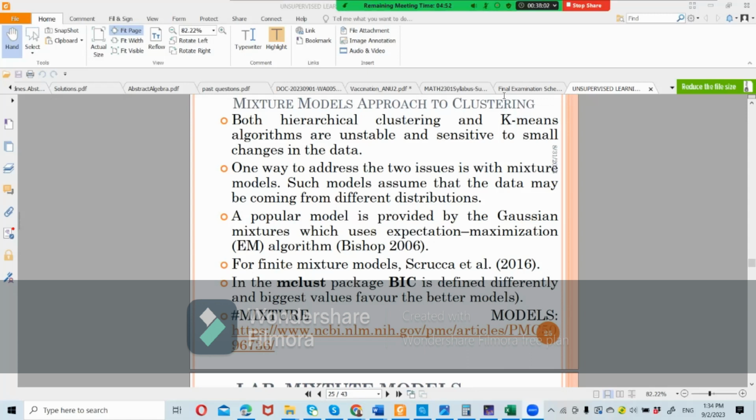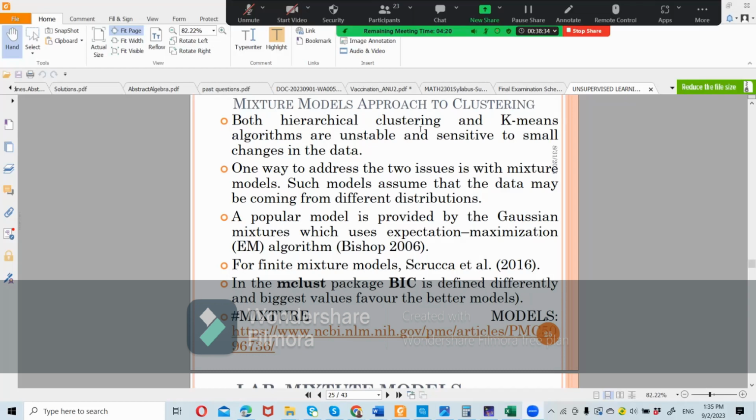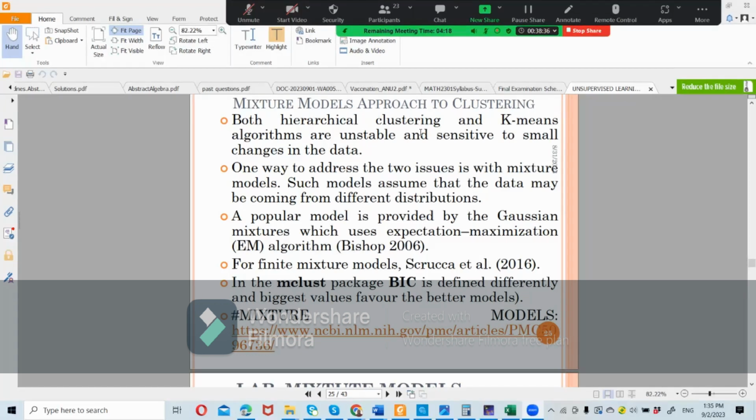Due to this instability, mixture models are introduced to solve the problem, using the expectation maximization algorithm from Bishop 2006, whose text is Pattern Recognition and Machine Learning. To do that, there is a package called mclust.